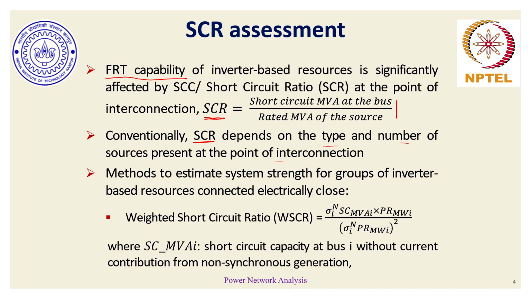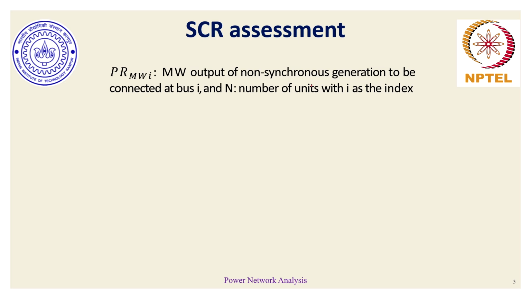There are different ways of finding the SCRs for different types of resources present. One such common estimation is through weighted short circuit ratio evaluation, which is basically a power-dependent capacity evaluation of the short circuit capacity. So P_R,MW,i is the rated output of the non-synchronous generator connected at bus i.